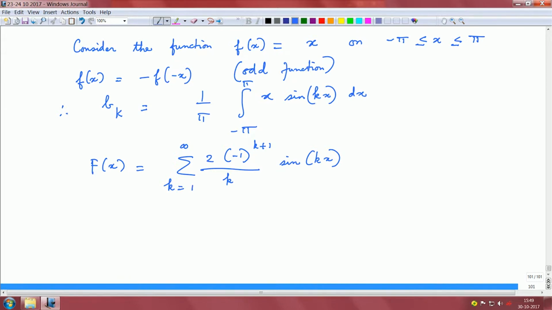Now, for this example, f of x is not 2 pi periodic.